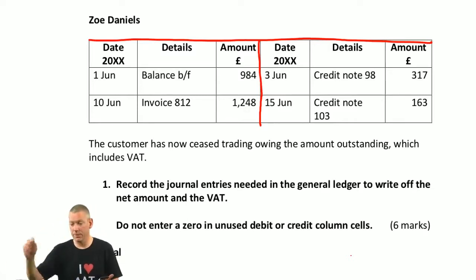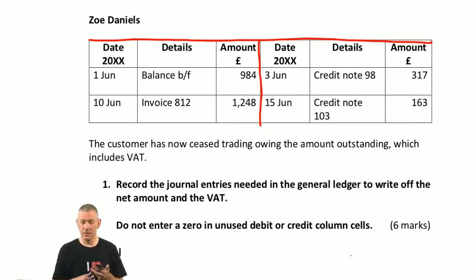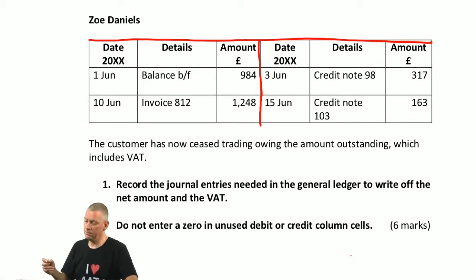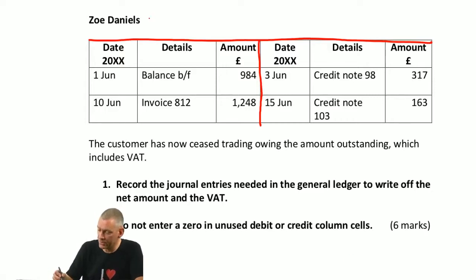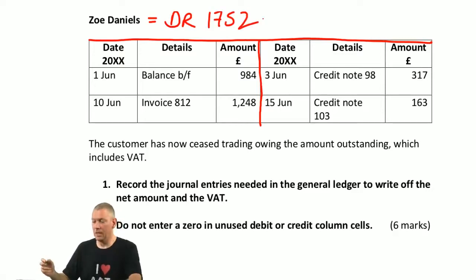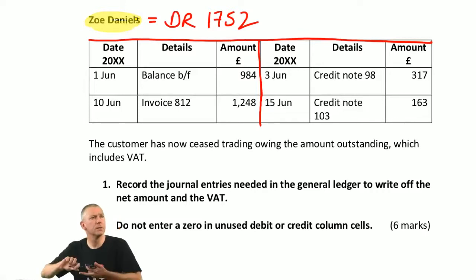Yeah, lovely, great. So I'm just going to put in the receivables balance. I think I'll put up here. So the debit balance here is 1752, and like I say, I shouldn't really be getting emotional about this because Zoe doesn't actually exist.